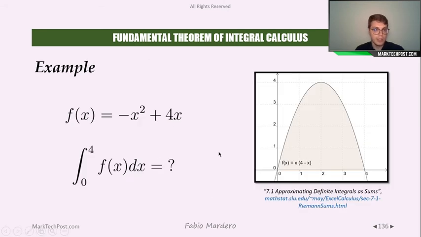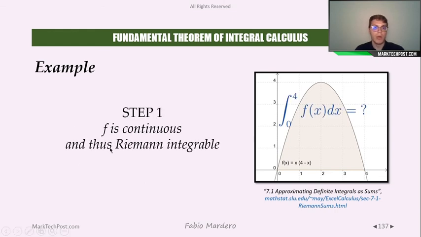So let's do this in this example. We have this function, which is an inverse parabola. We want to compute the area underlying this parabola between x equals 0 and x equals 4. This is our definite integral. How can we do this? Well, step 1: is f continuous or Riemann integrable?